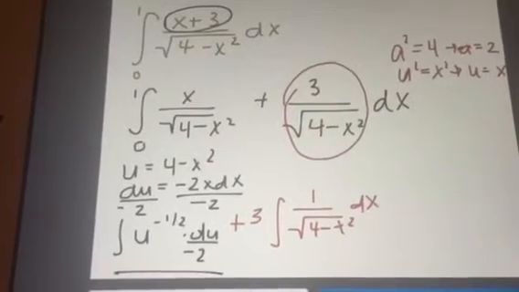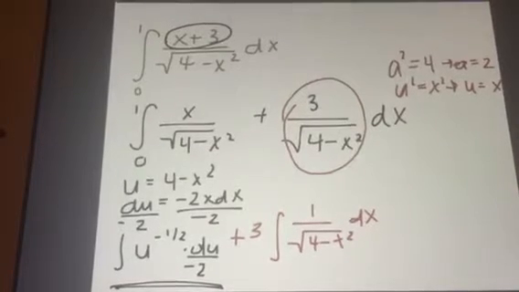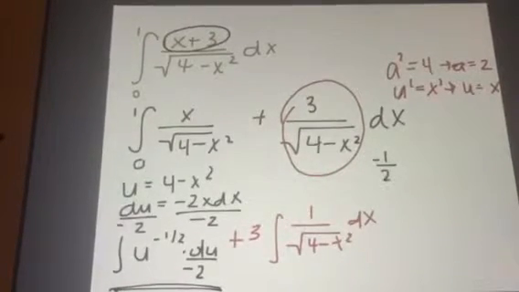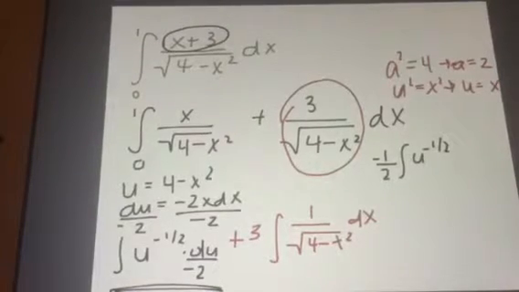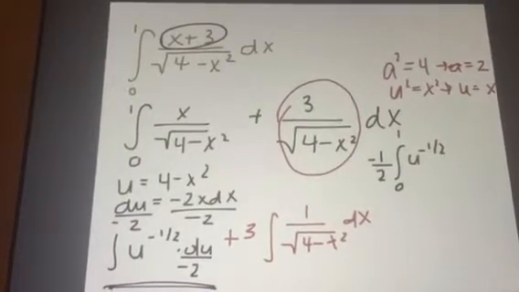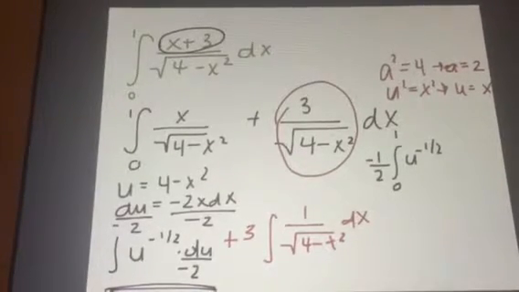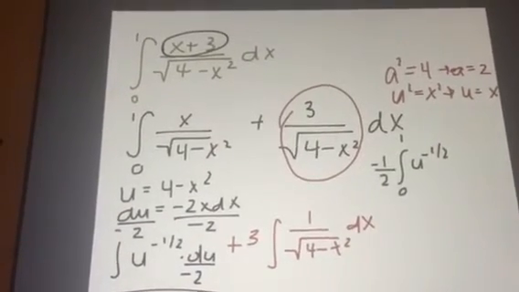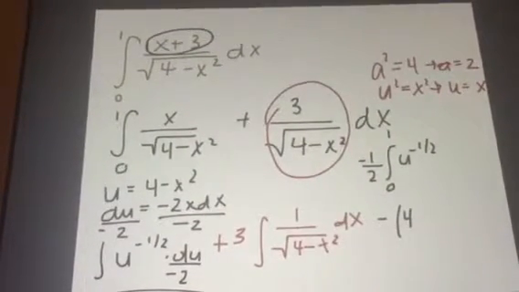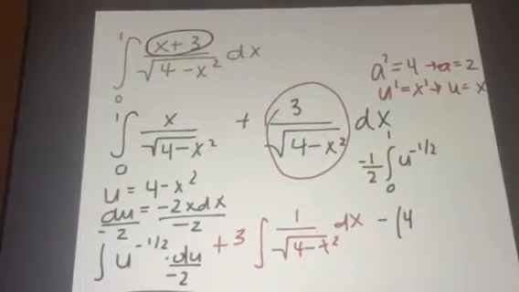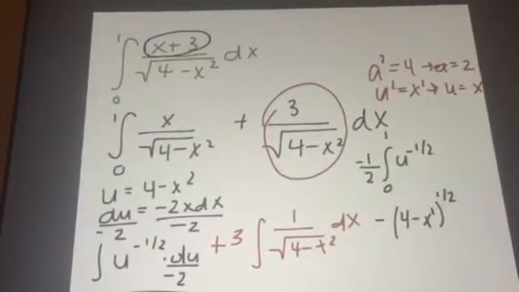So for the first part, when we pull out the constant, which would be negative half integral of u to the negative half from 0 to 1, we end up with negative square root of 4 minus x squared to the half.